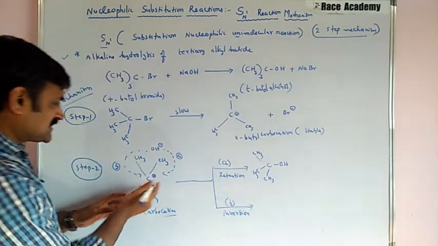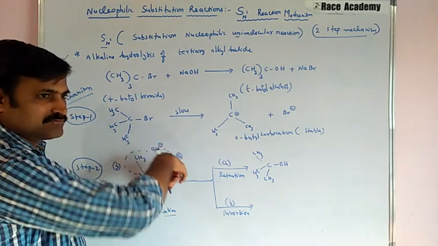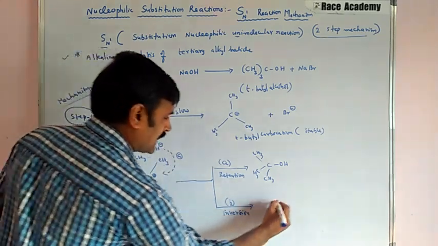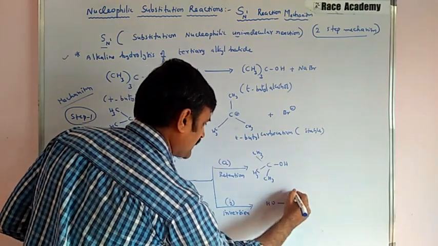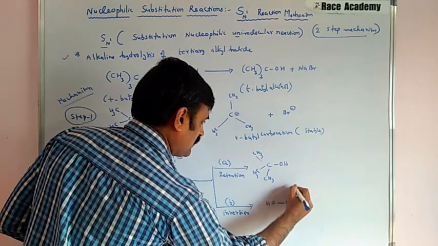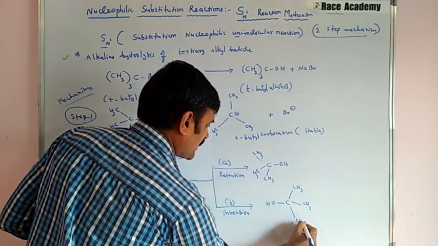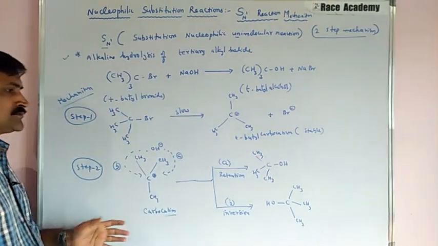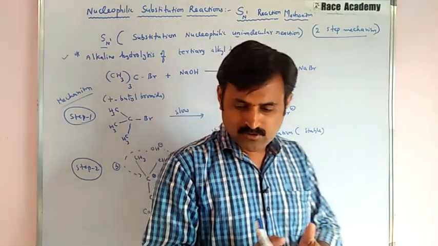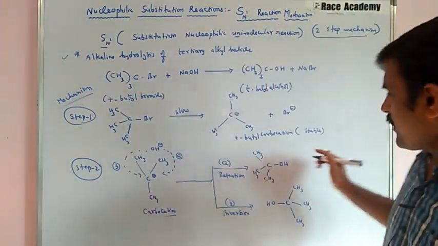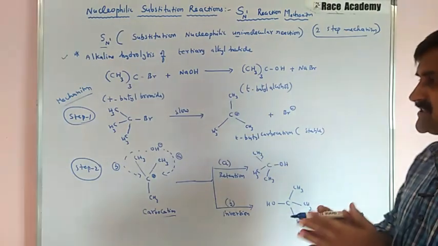The other one is if the nucleophile attacks from the opposite side, the back side, the rear side of the carbon. Then we will get a product with inverted configuration, inversion of configuration. So we have a possibility of getting retention and inversion of configurations, 50-50%.